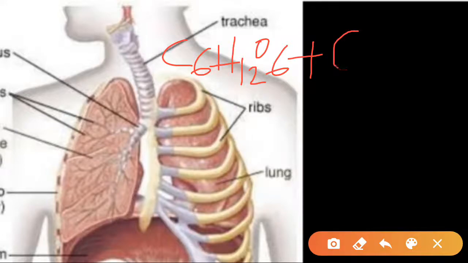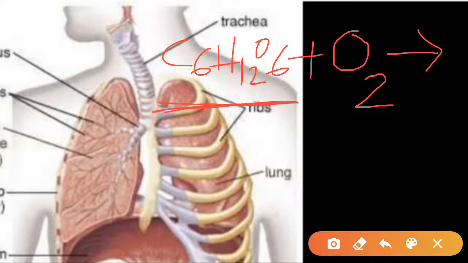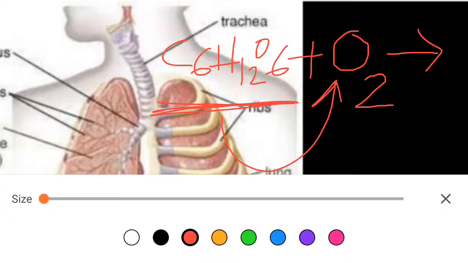Now this glucose is oxidized by oxygen. So we are in the respiration process. In that respiration process, this glucose is oxidized with oxygen. After oxidation, we get what? New substances are formed.